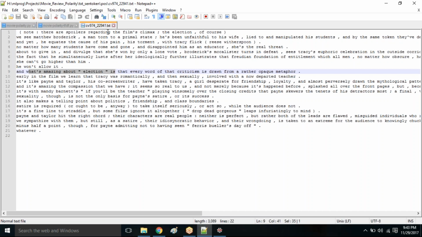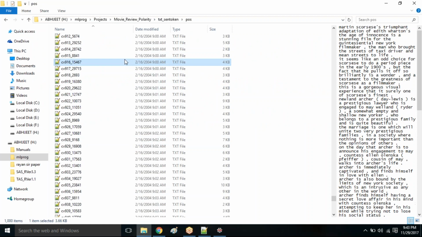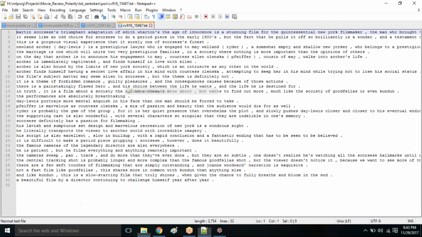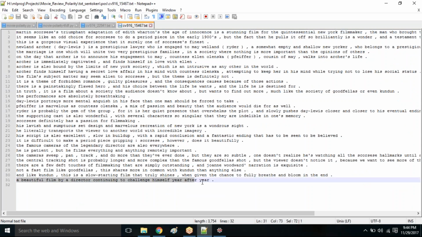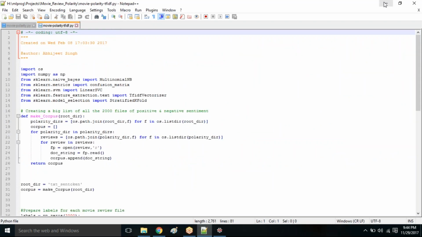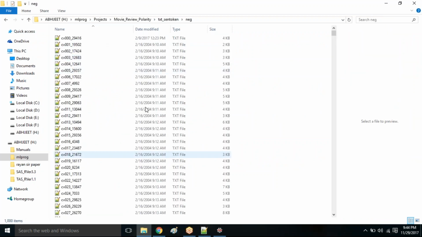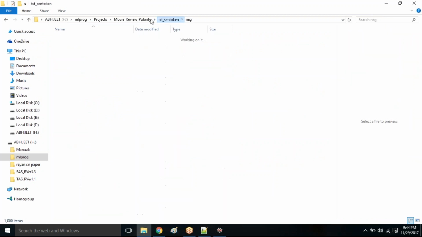So if you read the reviews like this, they are the positive reviews of movies. Similarly, the negative ones are negative. Like it's a beautiful film by a director continuing to challenge himself year after year. So these are positive movies, positive reviews, sorry. And similarly, if you read the negative ones, they will be negative.